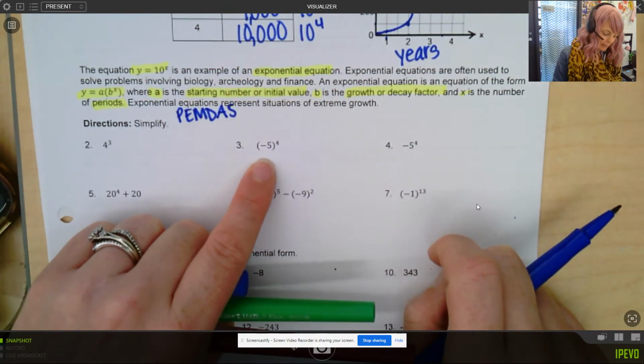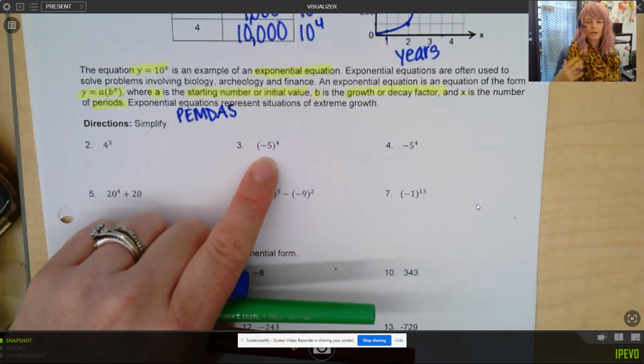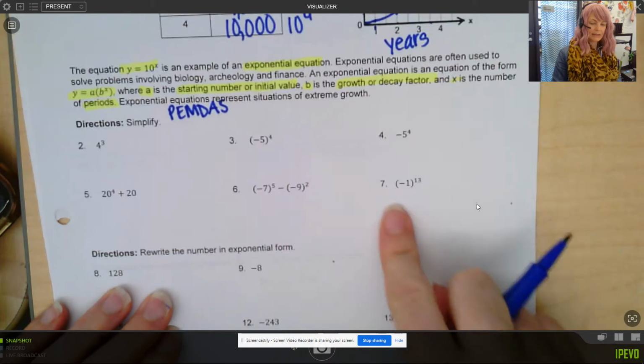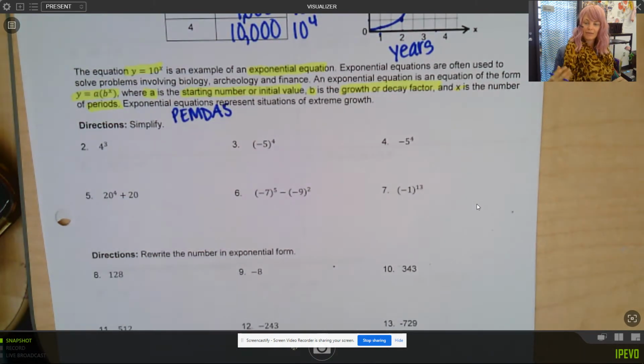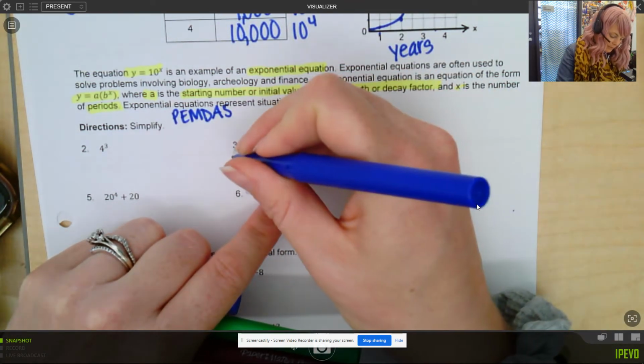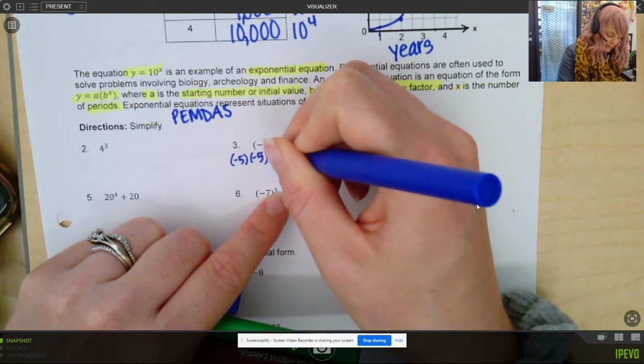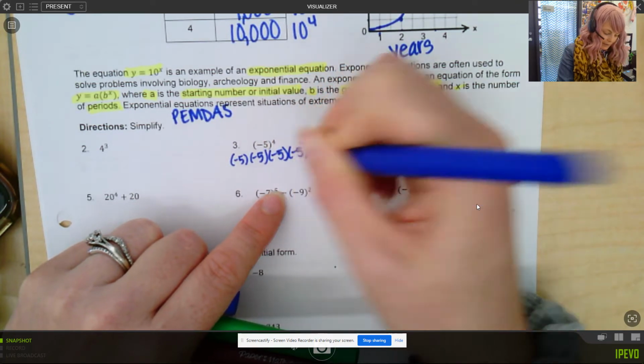So taking a look at number 3 together, this is -5 to the 4th power. So we are going to expand in this lesson and in some of the beginnings of other lessons. And I want you to write this expansion out. And then you can skip showing that expansion as we know the rules. So here, -5 to the 4th power is -5 times -5 times -5 times -5, 4 times.